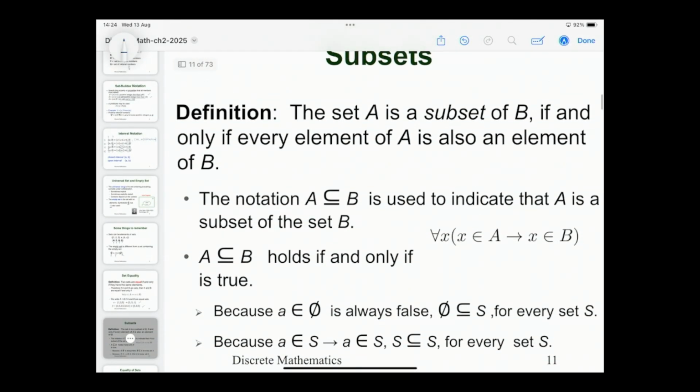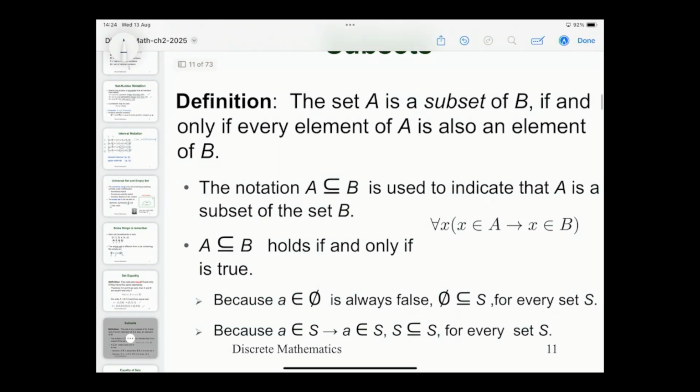And then we have subset. Remember this sign, this notation.